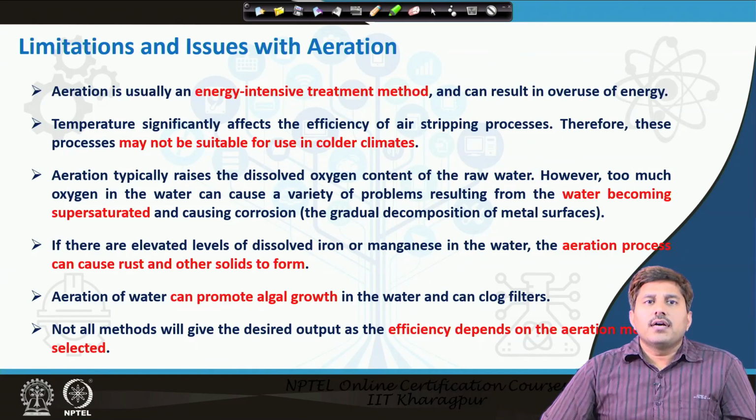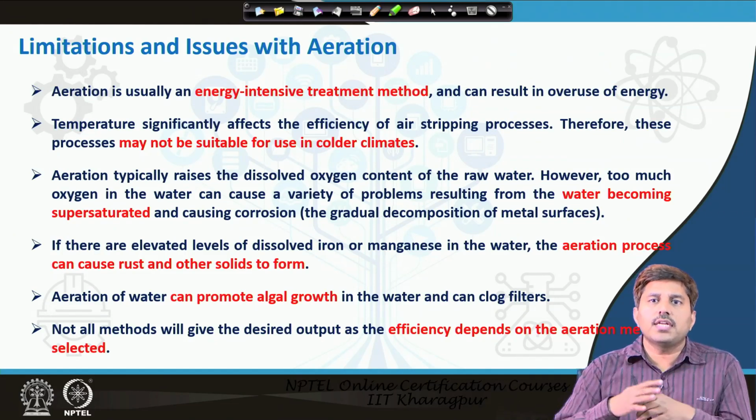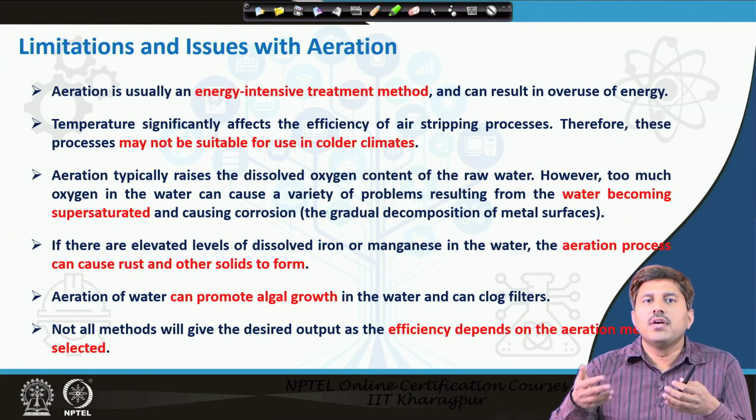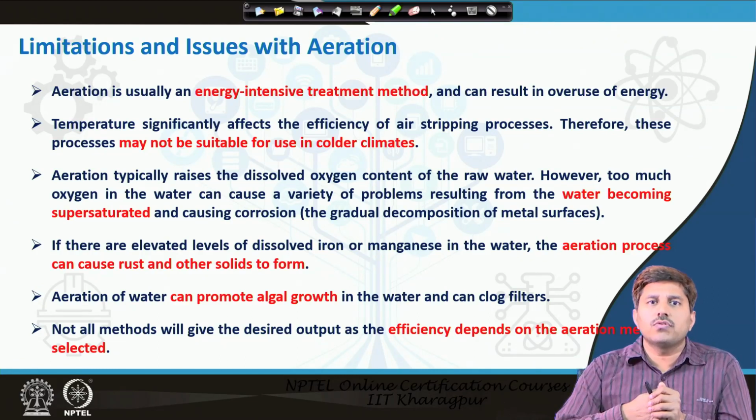Further, if high iron and manganese are present, the aeration process can cause rust, because the precipitates will settle and form solids, and if we do not have an adequate removal or cleaning mechanism for the precipitate, they can form a huge amount of settlement in the tank itself, or they can rust the other mechanical equipment because of the rusting nature of the iron precipitates.